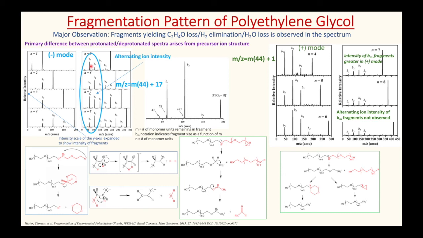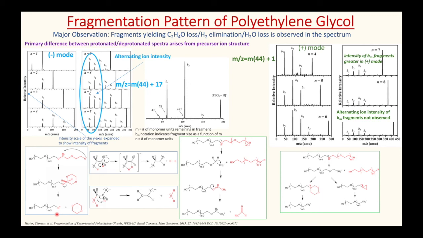In the positive mode, we do not see that pattern at all. If we notice with the negative mode, it produces an ion here. And these two reactions, and even this reaction, structurally, they don't really change. The deprotonation site is consistent.